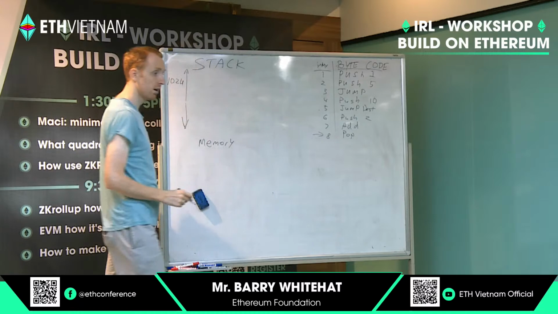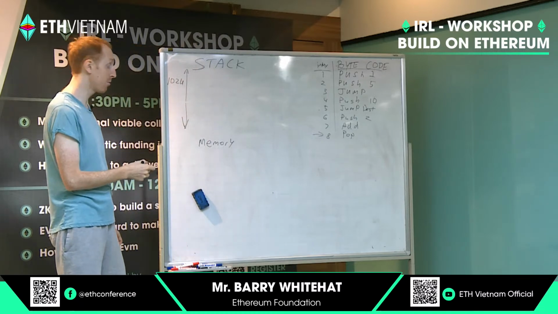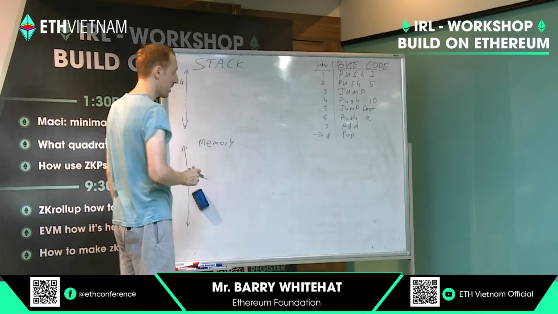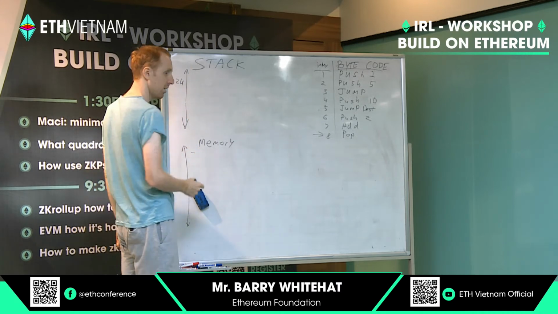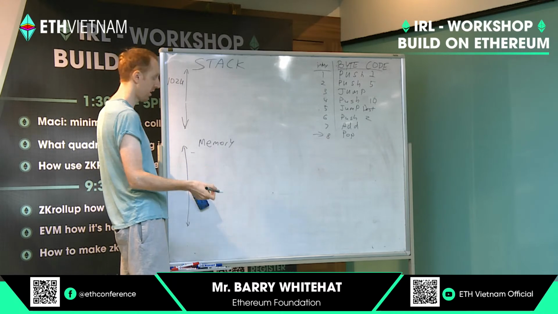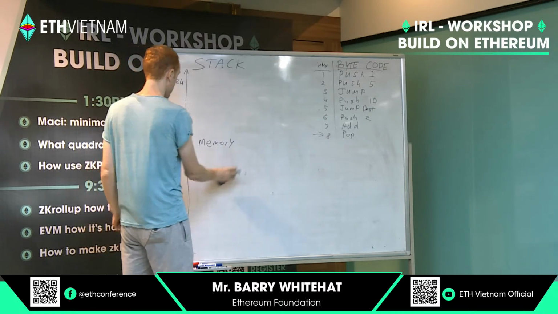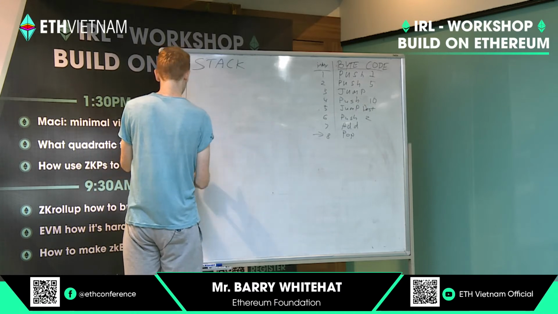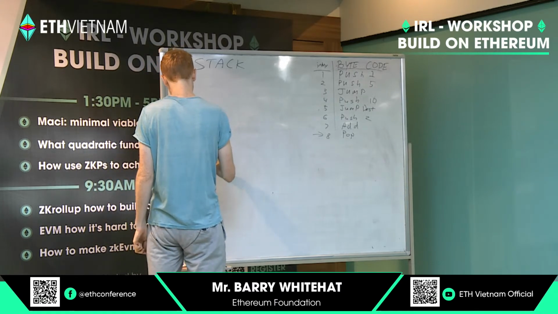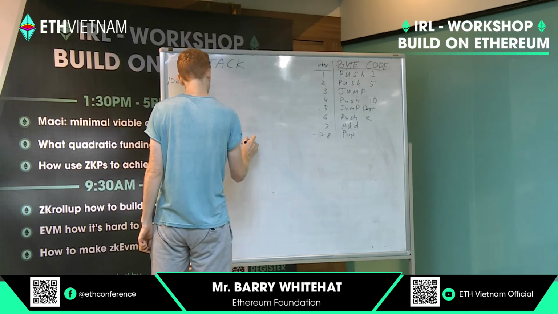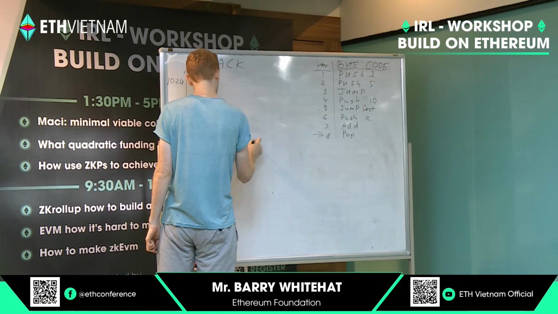Memory is much bigger, and we're able to insert more things into the memory. Another cool thing about memory is we can have an index in the memory. We can just say, store it at this location, store it at this location. So that's really nice. So we have a key value.